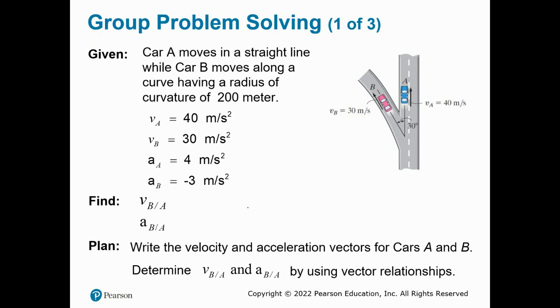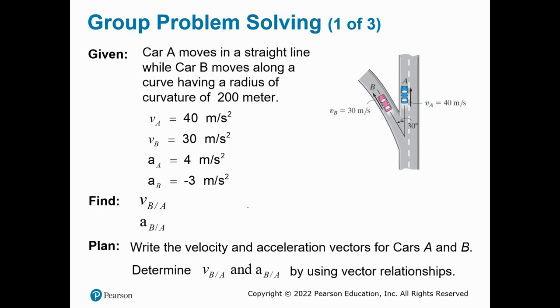Next thing, we're going to look at two vehicles, car A and car B. Car A is going straight up, meaning I will only have the J component going vertical, and then car B is going at a 30-degree angle. So we know the magnitude of VA equals 40 meters per second, the magnitude of VB equals 30 meters per second, and then acceleration AA equals 4 meters per second squared, and AB equals negative 3 meters per second squared.